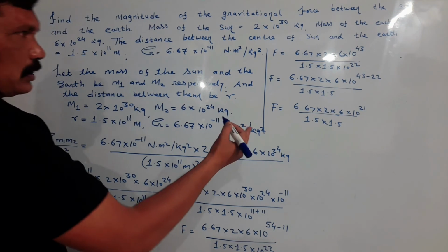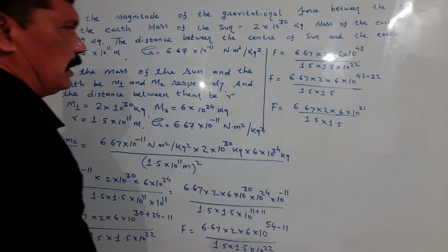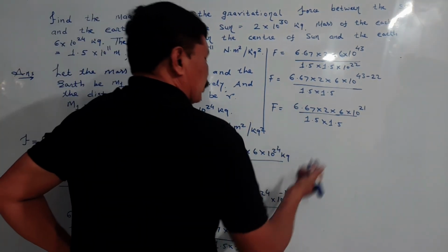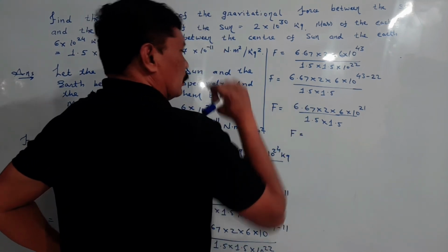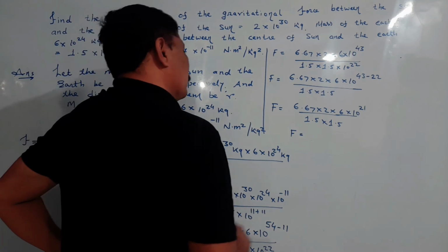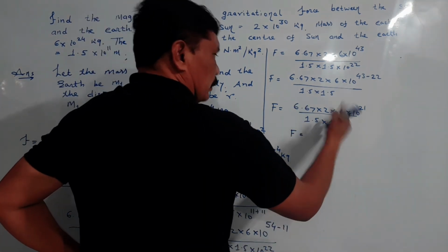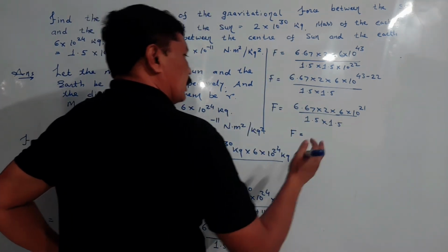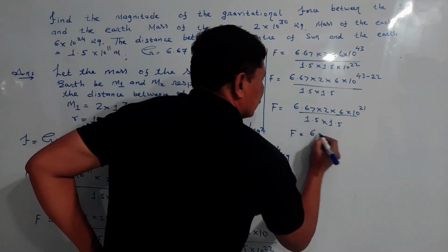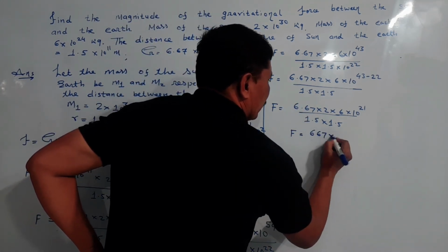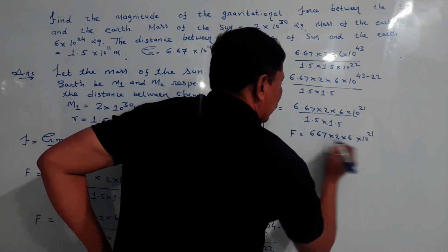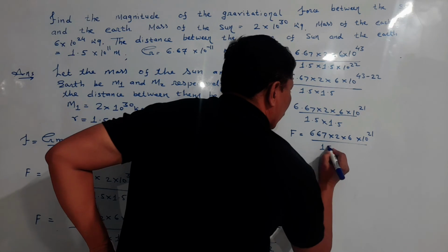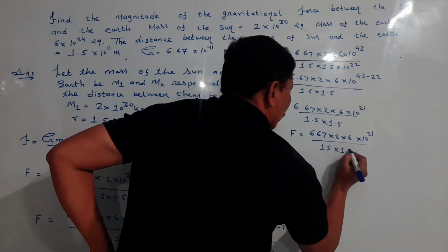Now my dear student, if you observe it carefully here, we have to remove the decimal point. So F is equal to, 2 decimal point we have to remove in the numerator and 2 decimal point we have to remove in the denominator. So we can directly write 667 into 2 into 6 into 10 to the power 21 upon 15 into 15.